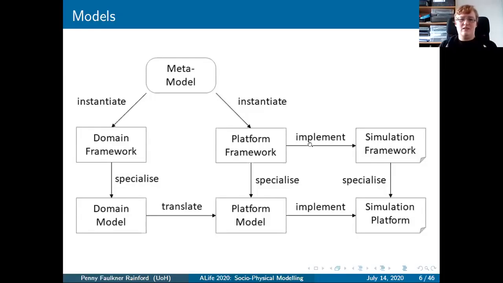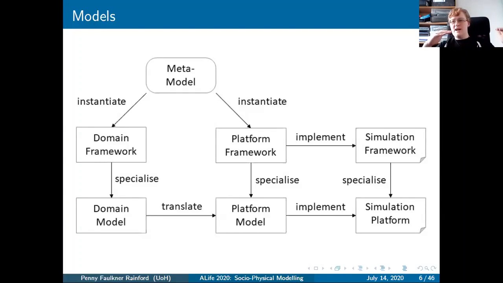Finally, we've got this middle layer, the frameworks. And this is also quite important because it means we can build this very generic meta model. We can build very specific domain models and simulation platforms, but we can do all of that a little bit quicker because in between those, we've got these frameworks that we can build up and then specialize downwards.